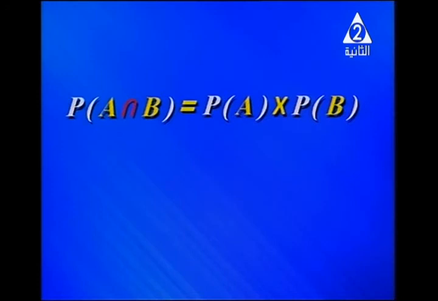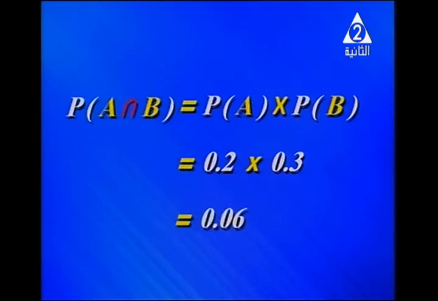Then A and B are independent events, so the probability of A intersect B equals the probability of A times the probability of B. That is 0.2, the probability of the man, times 0.3, the probability of his wife. Then the answer is 0.06.